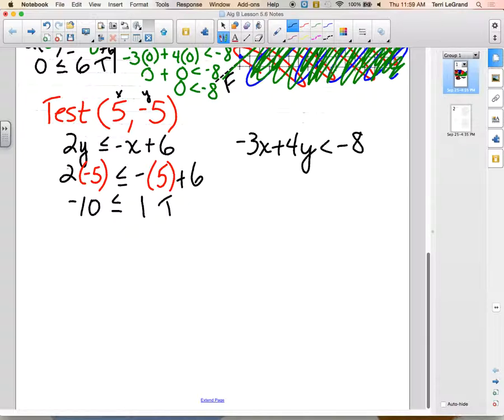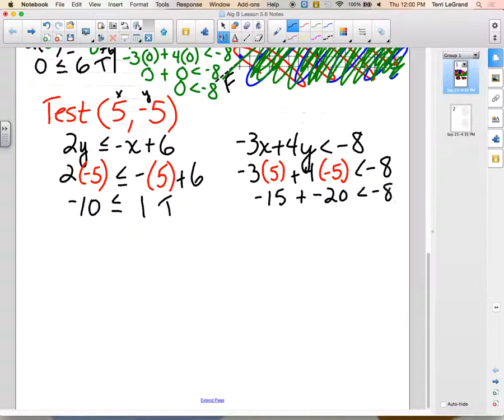Okay, let's substitute into the other one. It's a +5 for x, a -5 for y. -3 times 5, -15. 4 times -5, -20.